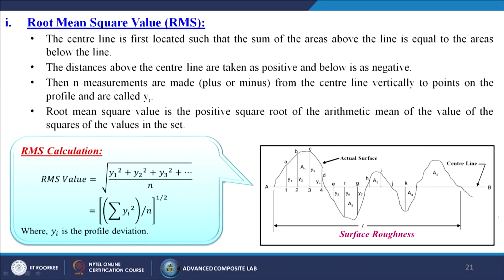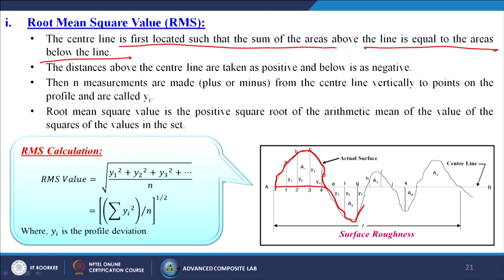Now, first we are going to discuss the root mean square value, in short RMS. The center line is first located such that the sum of the areas above the line is equal to the areas below the line. So, if we calculate the area of these portions and the area of these portions, it is almost the same.